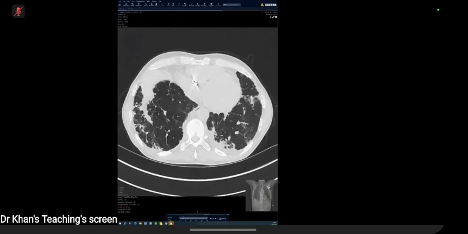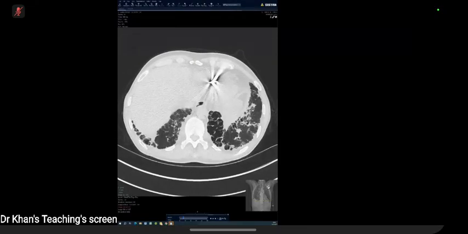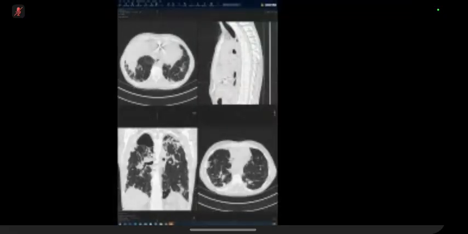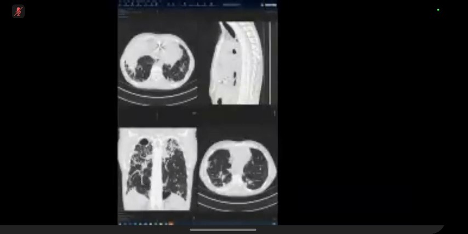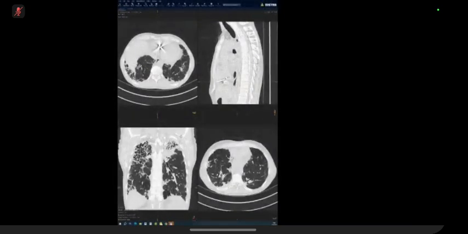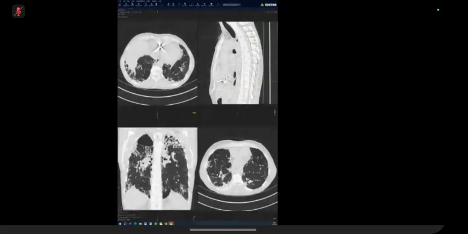There's bronchiectasis and honeycombing changes. So when you want to say the bronchi are dilated in the context of fibrotic lung disease, you don't say bronchiectasis, because when you say bronchiectasis, it means primary bronchiectasis. So you want to say traction bronchial dilatation every time, yeah? So this is upper zone fibrosis with traction bronchial dilatation and honeycombing.